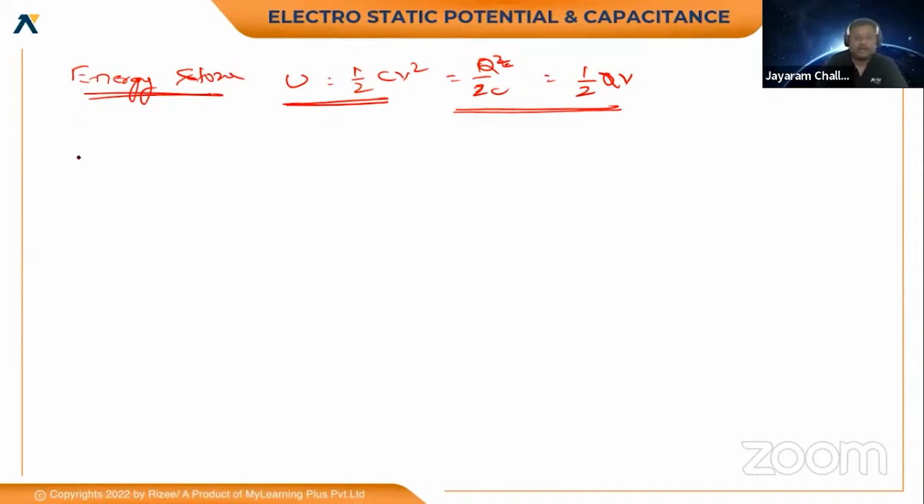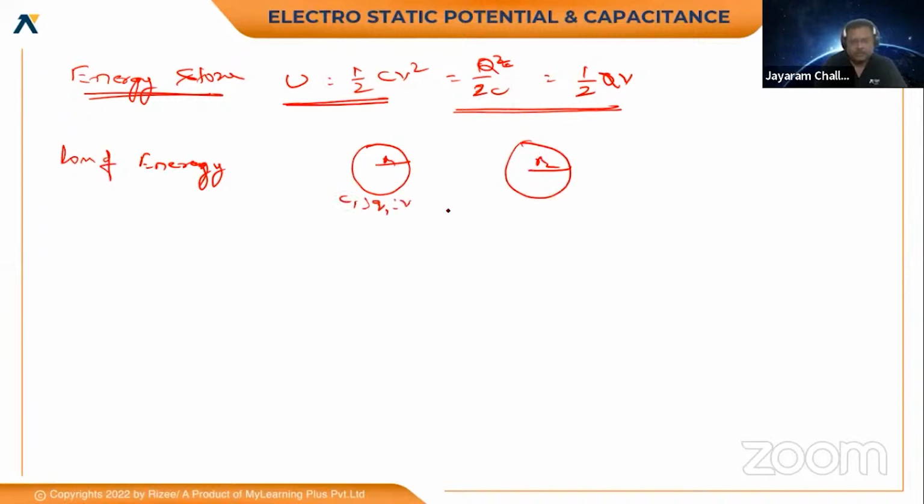Now in the earlier case, the loss of energy in transferring the charge. Just now we have seen one conductor of radius R1 with capacitance C1, charge Q1, initial potential V1, and another with R2, C2, charge Q2, potential V2.